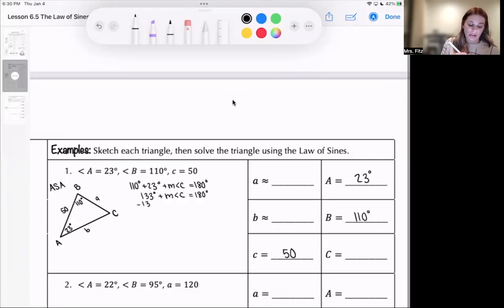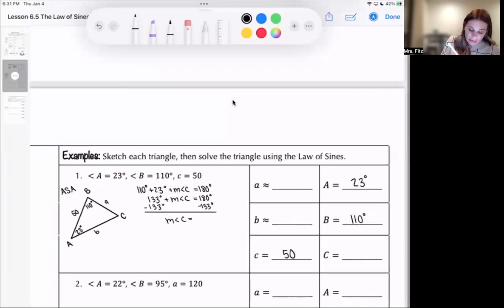Subtract 133 degrees. And we get that the measure of angle C equals 47 degrees, and we can go ahead and fill that in. Okay, so not too bad to find that missing angle measure. This is 47, we can add that into our diagram.